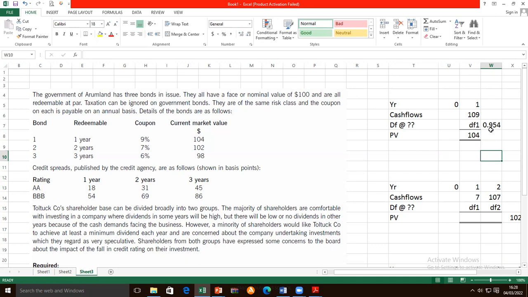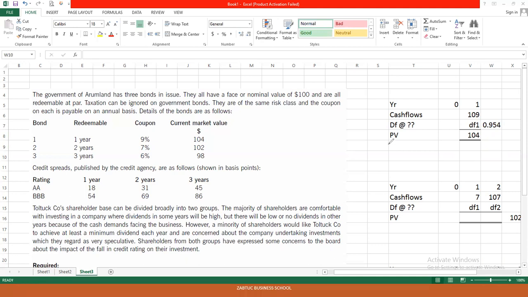We simply divide it. Because remember, we are saying 109 multiplied by the discount factor that we don't know gives us 104. So we divide 104 by 109. So that gives you 0.954. That's the first thing to do.